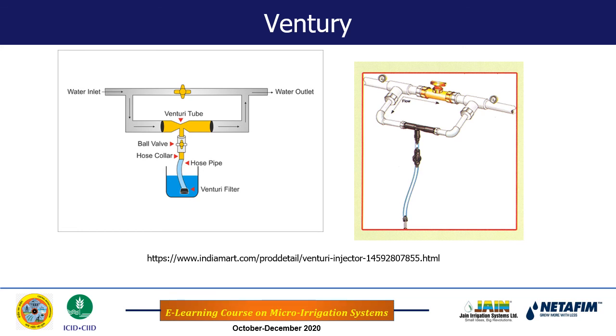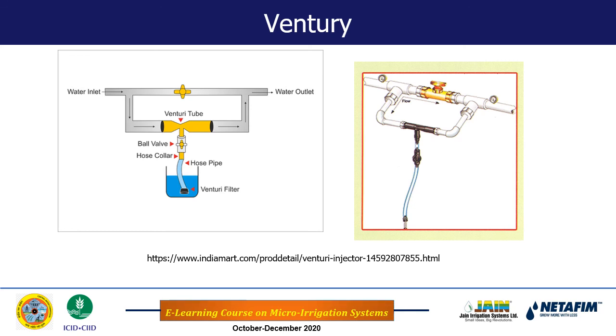In this figure, there is a water inlet and the venturi is installed across the pipe, and this is the bypass arrangement. When fertilizer is to be injected, this valve is closed, or partially closed, so that some of the water will be bypassed through the venturi. In the venturi there is a contraction, so the pressure head here will be converted into velocity head.